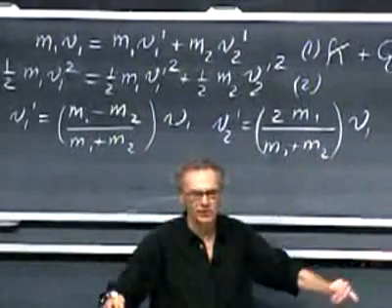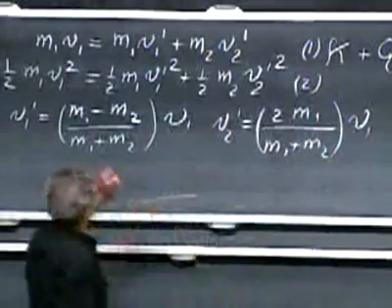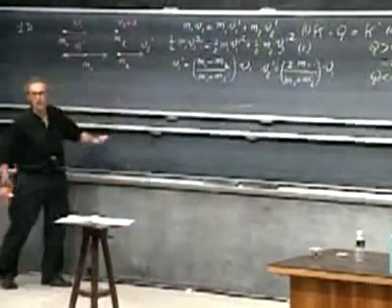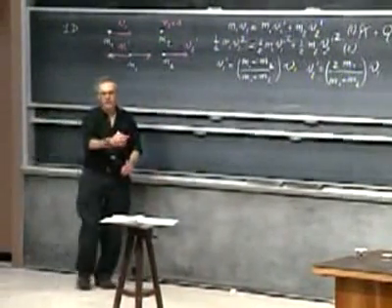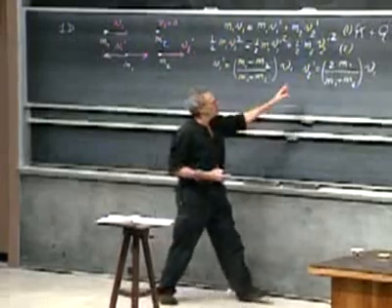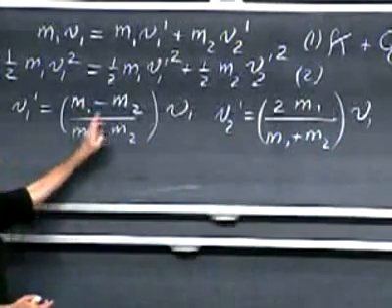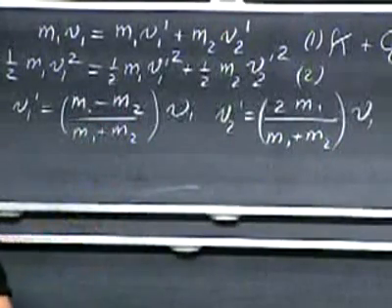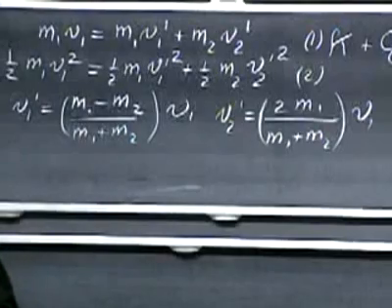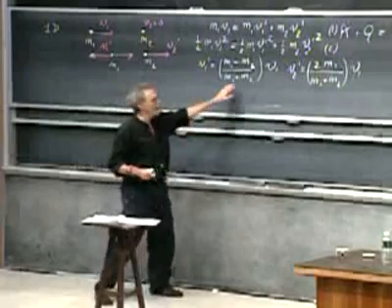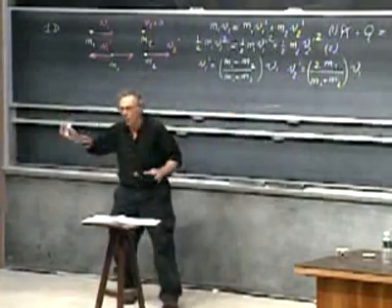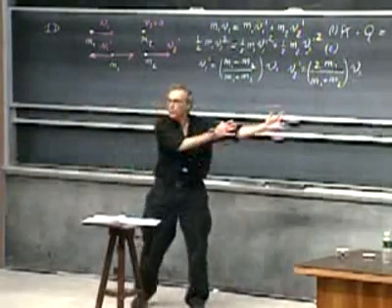That's completely obvious, because the second object was standing still, remember? So if you plow something into the second object, they obviously continue in that direction. That's clear. So you can never have a sign reversal here. Here, however, you can have a sign reversal. If you bounce a ping pong ball off a billiard ball, the ping pong ball will come back, and this one becomes negative. Whereas if you plow a billiard ball onto a ping pong ball, it will go forward.